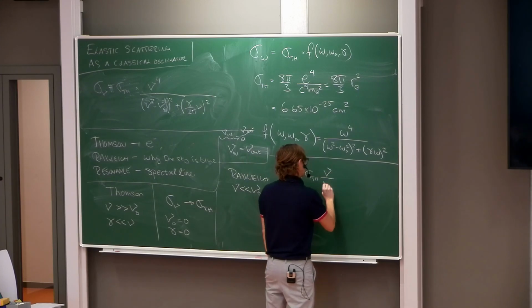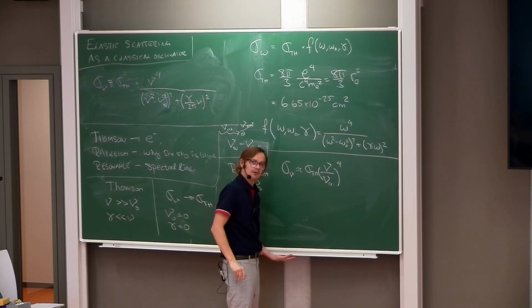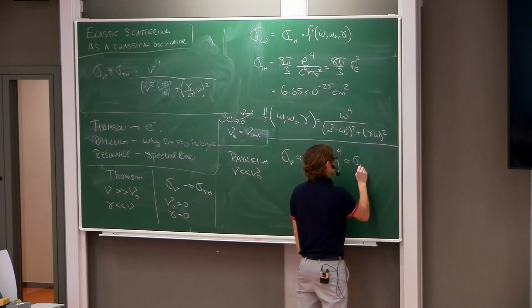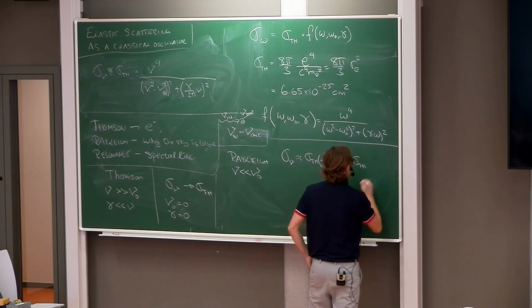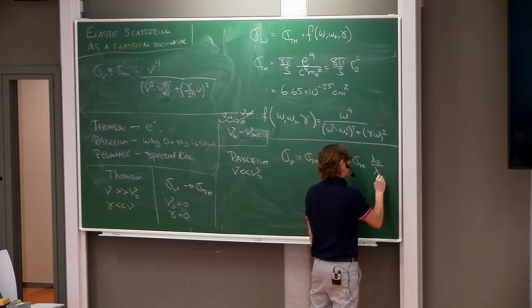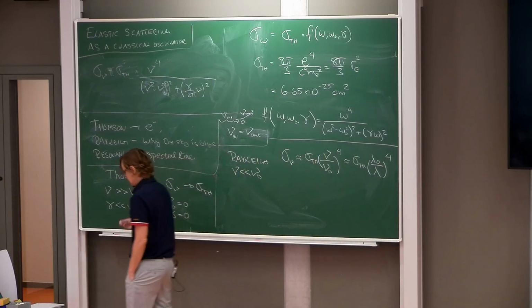So in the opposite limit, you see that this is then approximately the Thomson cross-section, times nu divided by nu 0 to the 4th power, which you often see expressed the opposite way: you can take the wavelength instead, then you have the resonant wavelength on top here, and this one at the bottom.